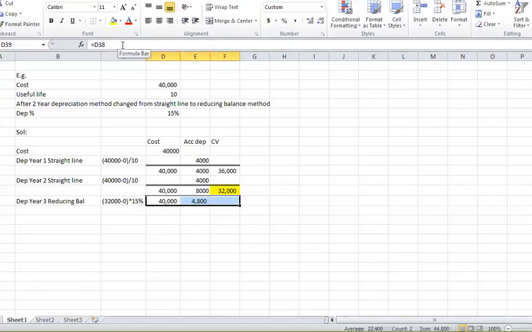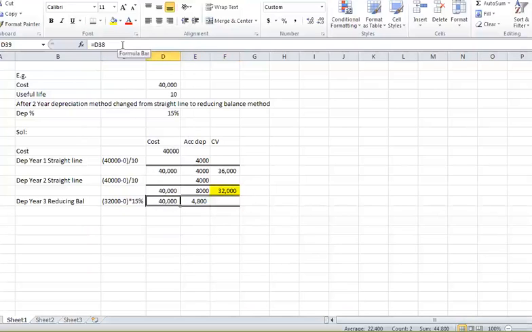So now what is the carrying value? Cost minus accumulated depreciation. What would happen in next year, year number 4?